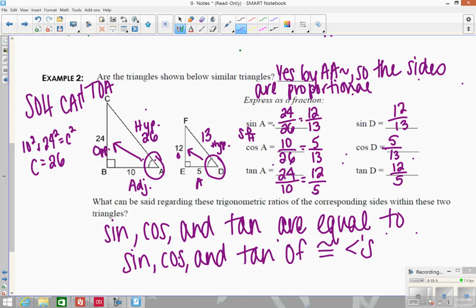So meaning if I take sine of the same angle, it's always going to be the same, even if one of the triangles it came from is bigger, because the triangles will always be similar.